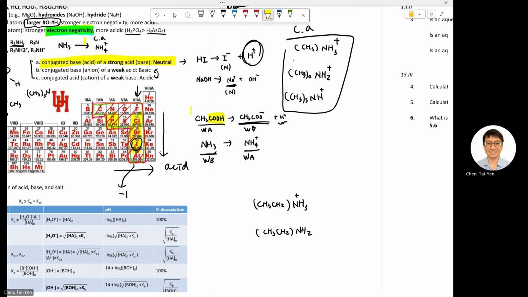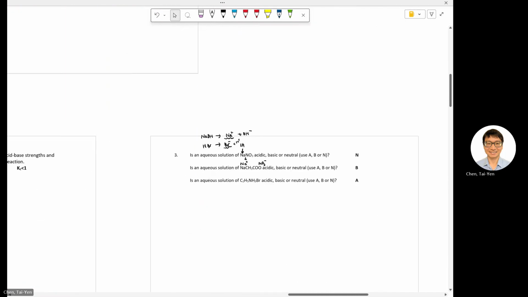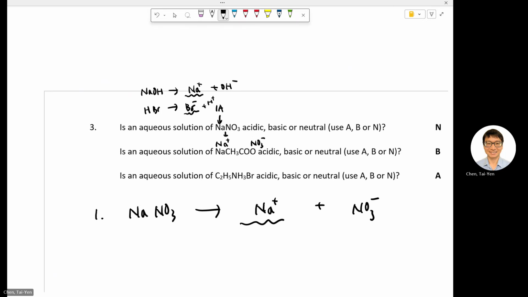And then if you look at the species that we have, this cation is the conjugate acid of NaOH, a strong base. Therefore, this one will be neutral.